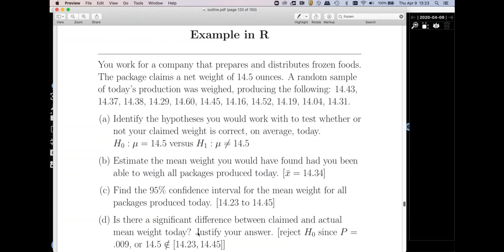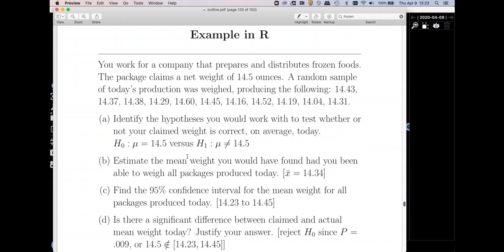The average weight of all the packages today is less than what we've claimed. That would signal that you have a one-sided test. In this case, we haven't been given a direction. It just says test whether or not it's equal, and therefore the alternative is going to be specified as not equal. So mu could be greater than, could be less than, we're not really sure.